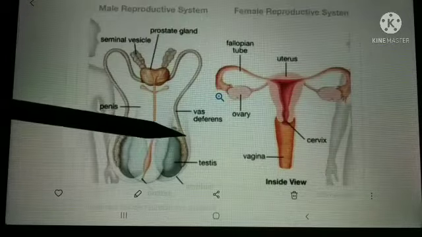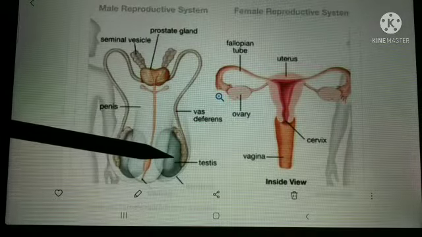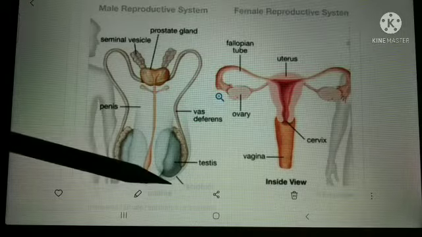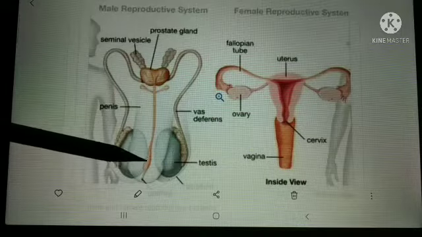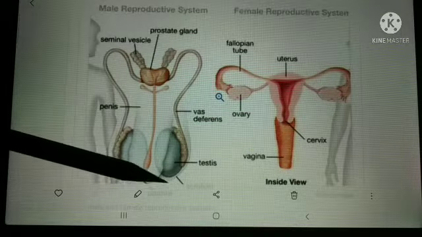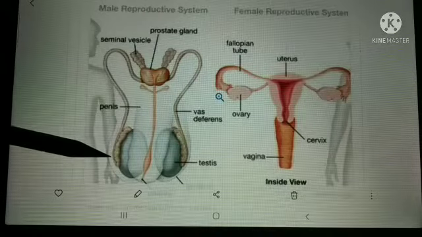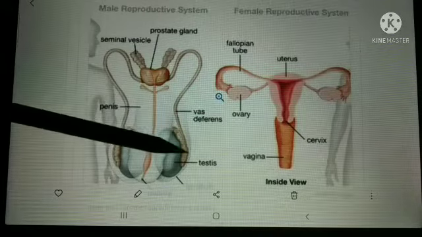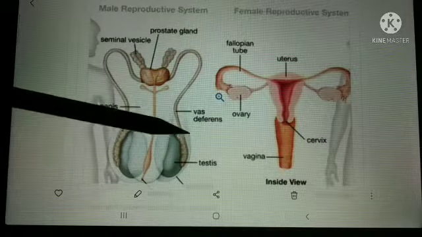Testes, also called testicles, are a pair of oval shaped glands that produce sperm. What is scrotum? The scrotum is the pouch of skin that contains the testis. This is the skinny bag called scrotum, which contains the testis.